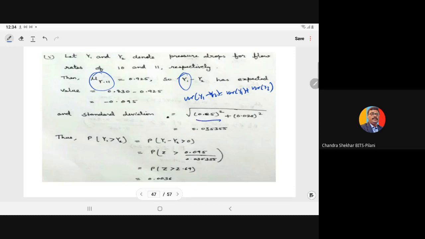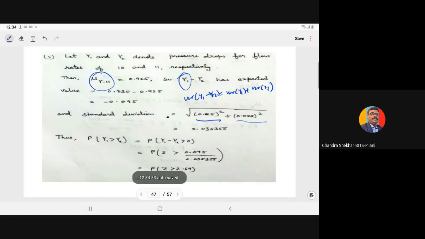So here we have 0.025 square plus 0.025 square for y1 and y2. So its positive square root will give you sigma for y1 minus y2 as 0.035355.